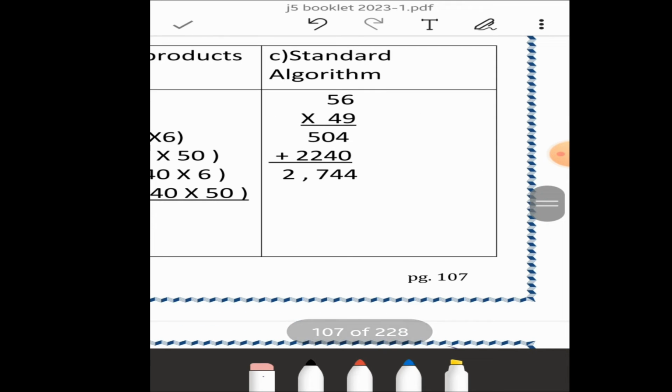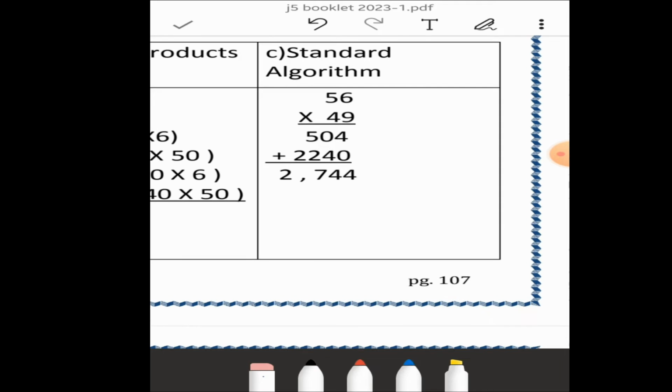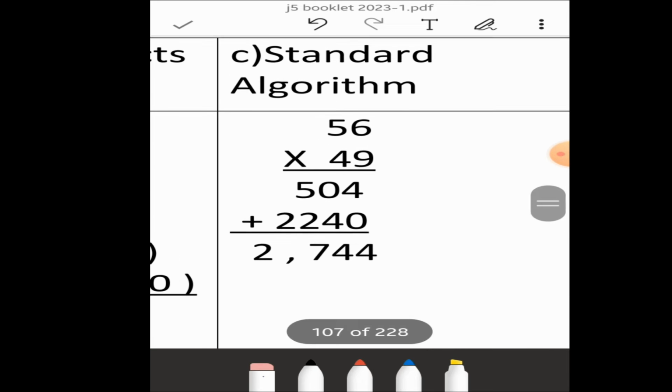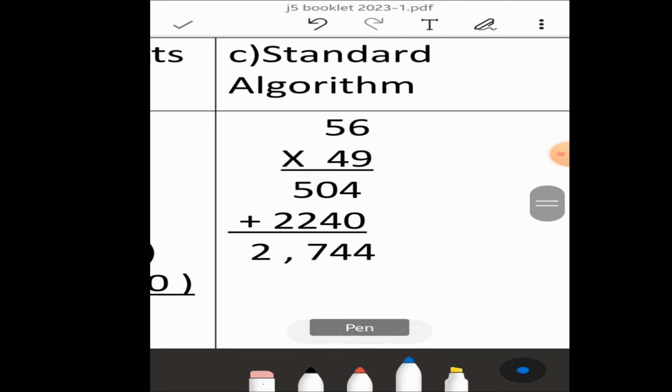And then if I want to use the standard algorithm, it will be as follows. Here 56 times 49, we will say that 9 times 6 equals 54. Write 4 and carry 5. And 9 times 5 equals 45 plus 5 equals 50.